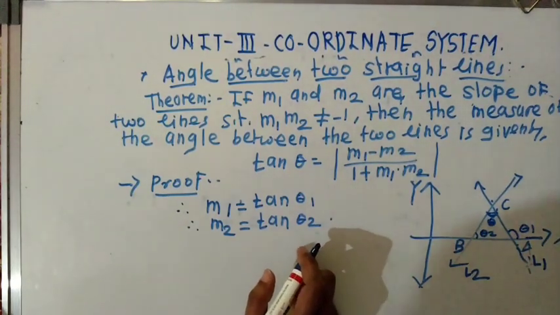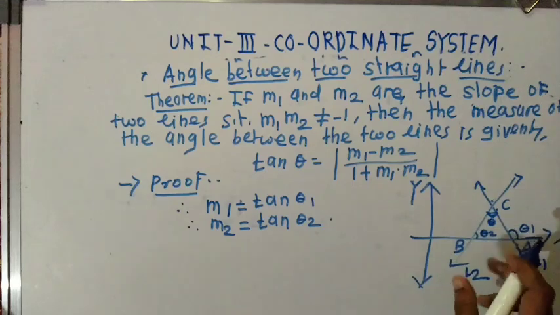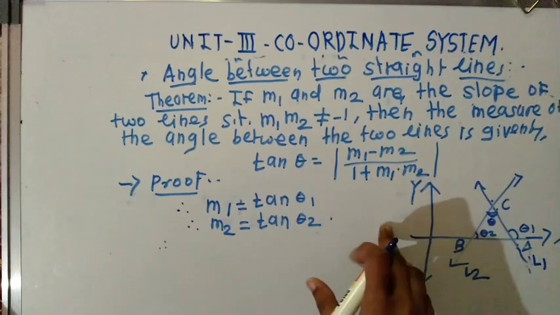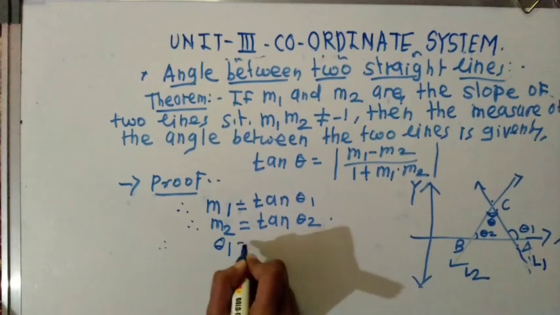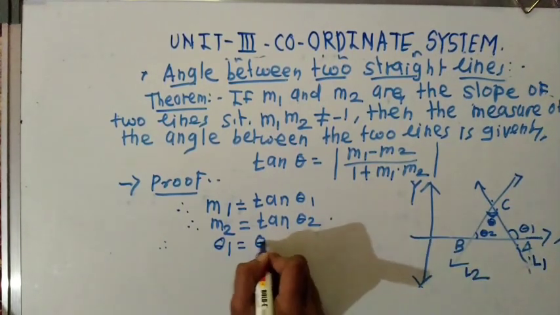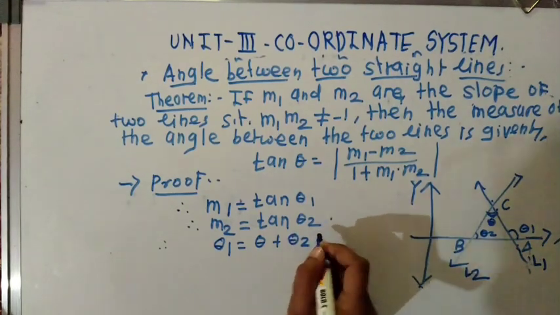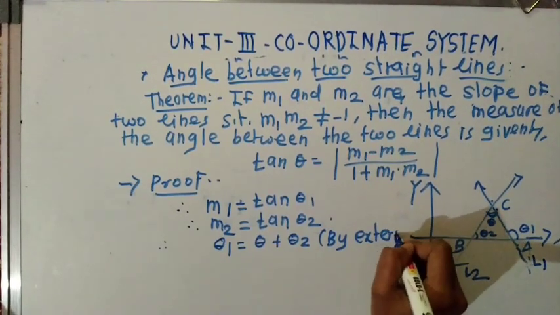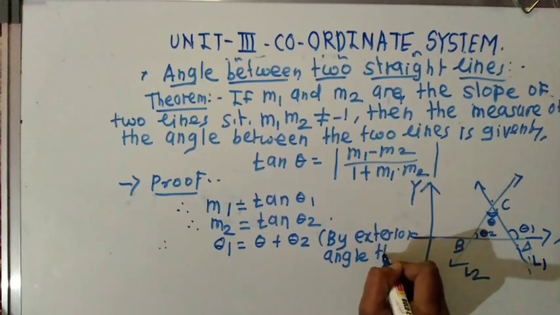Let L1 intersect the x-axis at A and L2 intersect the x-axis at B. Then here theta 1 is equal to theta plus theta 2 by the exterior angle theorem.